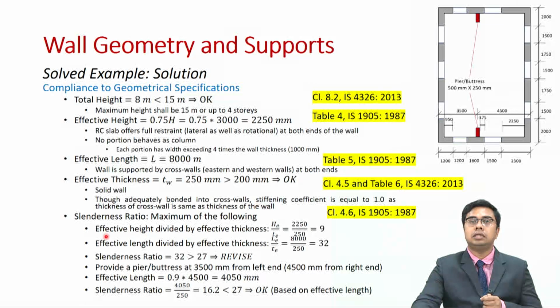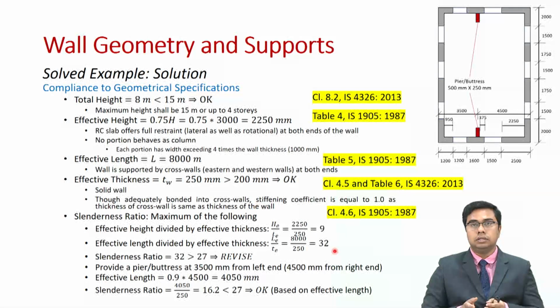So slenderness ratio based on effective height is given by effective height divided by effective thickness, which is equal to 2250 divided by 250 equals 9, and the effective length divided by effective thickness gives us the slenderness ratio based on effective length. So this is calculated as 8000 mm divided by 250 mm, obtained as 32.